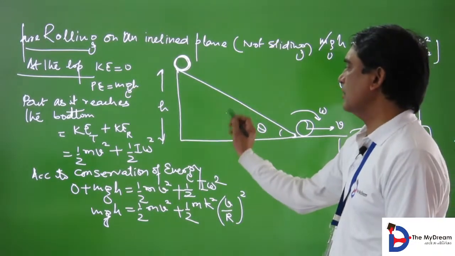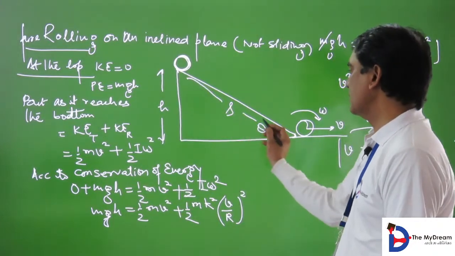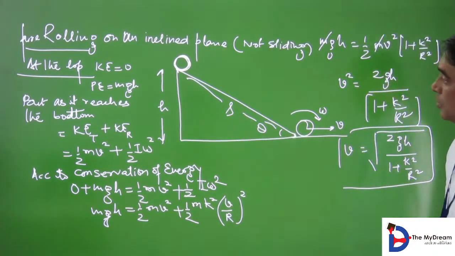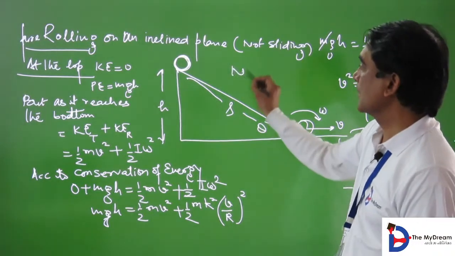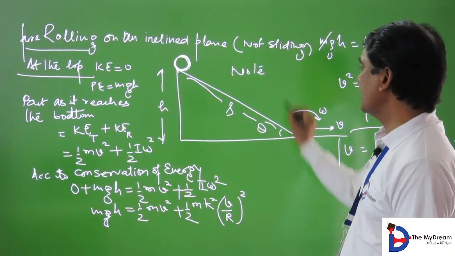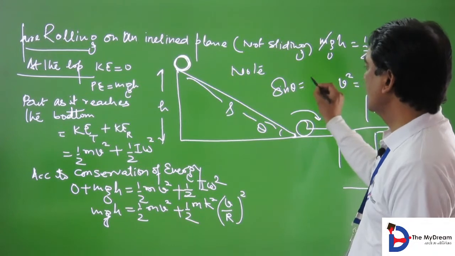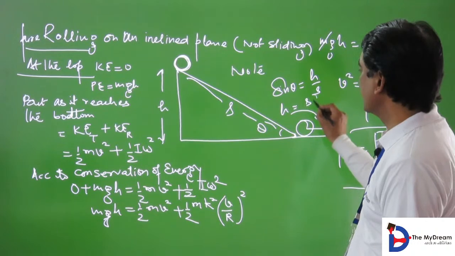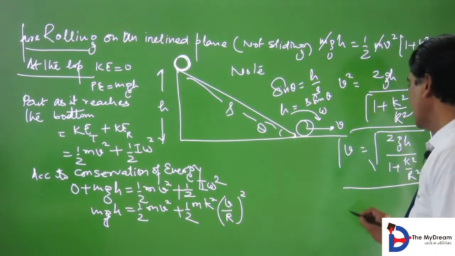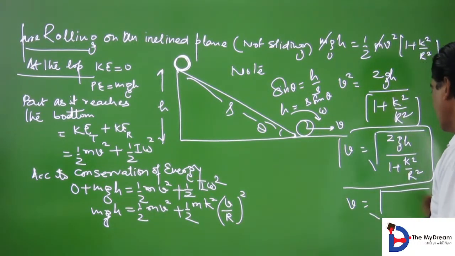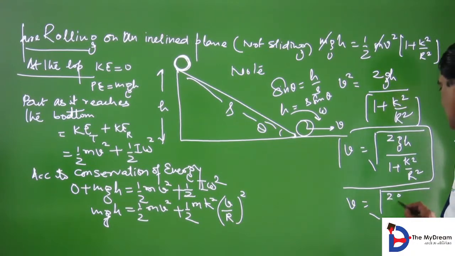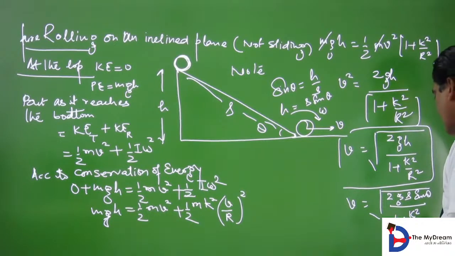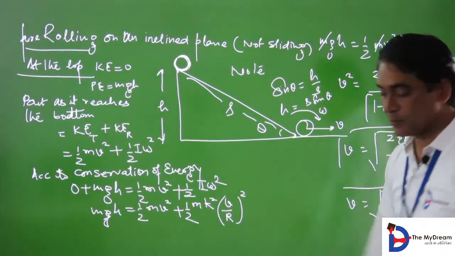This is the displacement S. Note, इसको आप साइन थीटा के टर्म्स में भी लिख सकते हो. h अपॉन s, h इज इक्वल टू s साइन थीटा, so v becomes root of 2 g s sin theta over 1 plus k square by r square. बट माय डियर, एक बात मैं आपको क्लियर कर दूं.